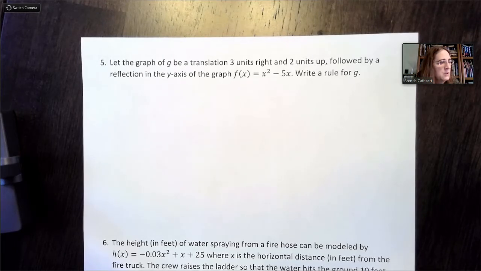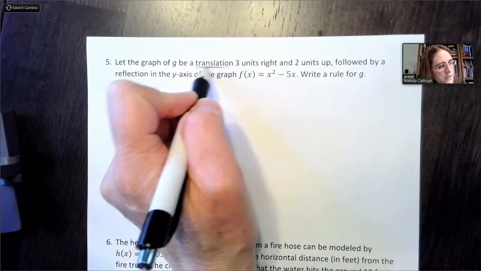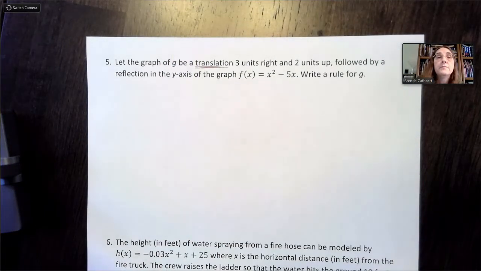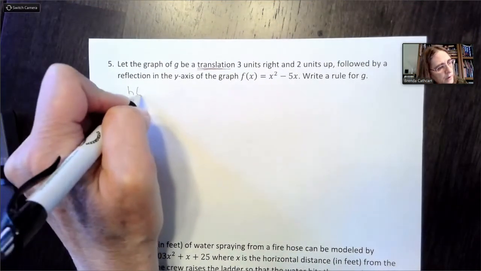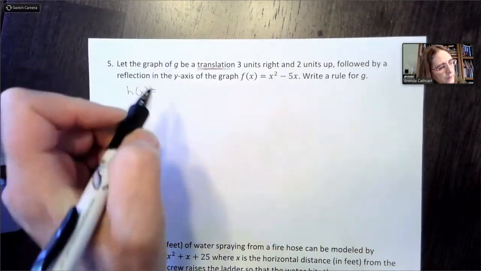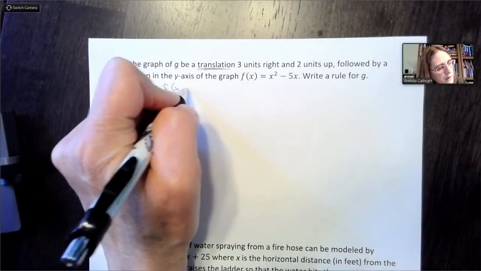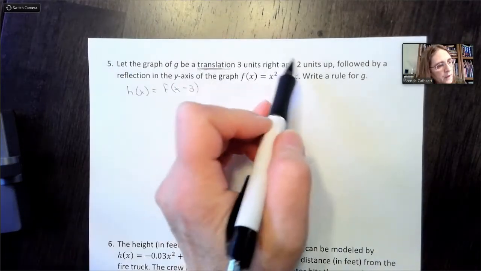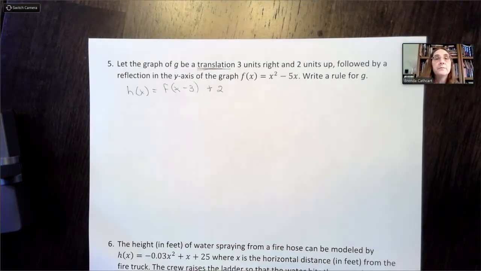So let's take a look at our first step. The first step is the translation, and it's 3 right and 2 up. So let's take a look at that. If I'm going to have a function f of x that is moving 3 right, then I'm replacing x with x minus 3, and 2 up, I need to add 2 to the end.